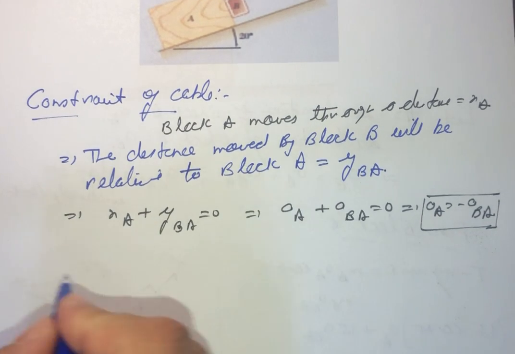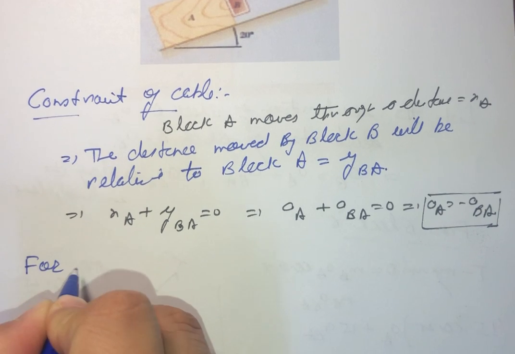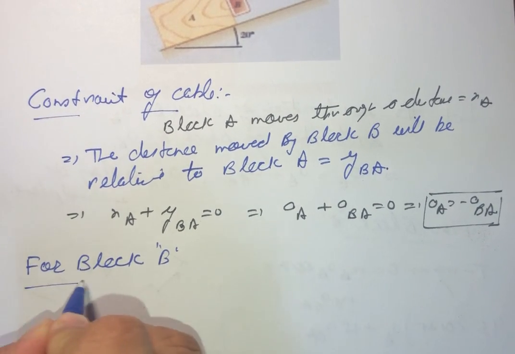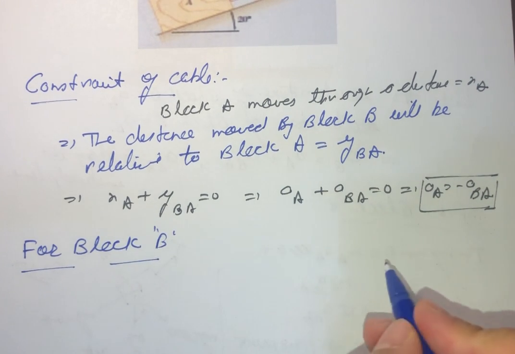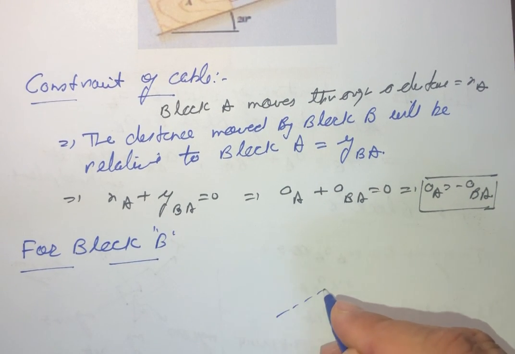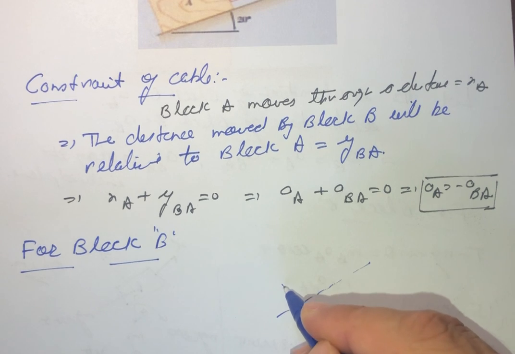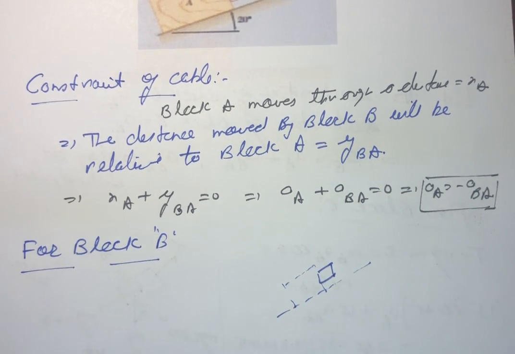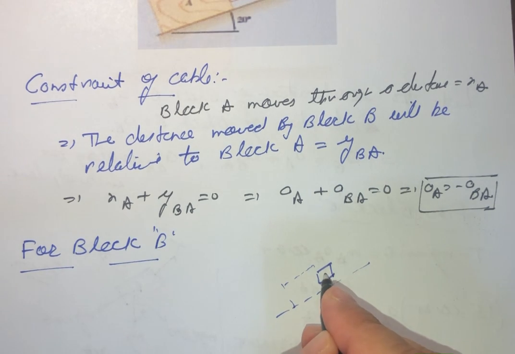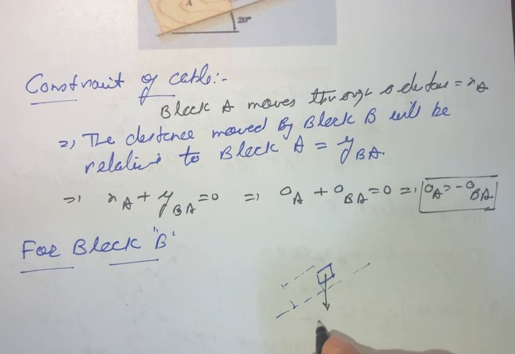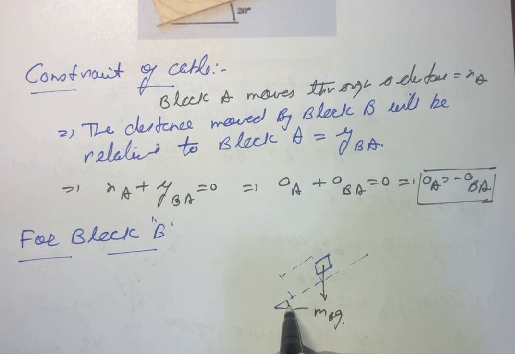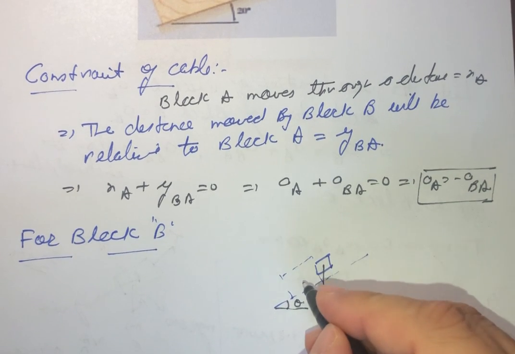So we can draw the free body diagram for block B. This is block A, and this is block B. For block B, we have mBg in the downward direction, and let this angle theta be 20 degree.